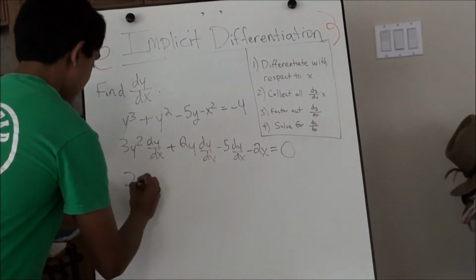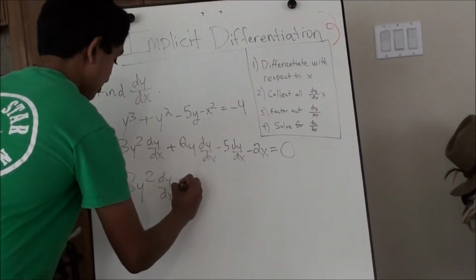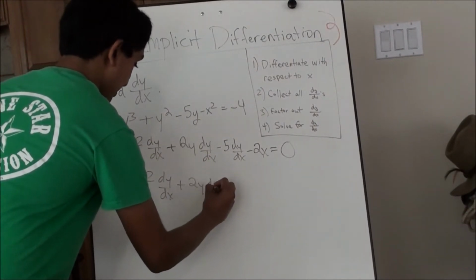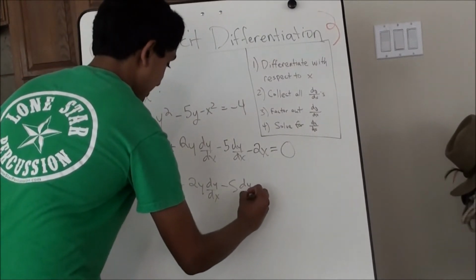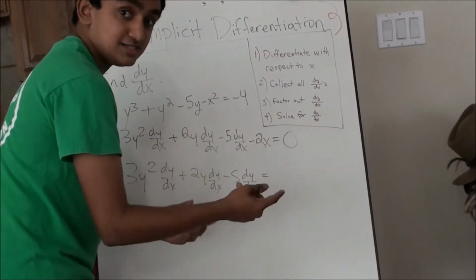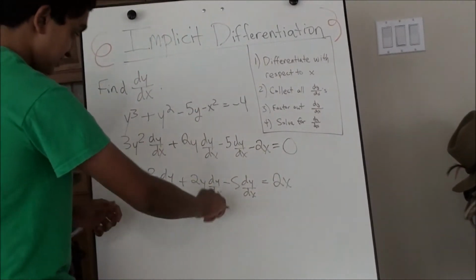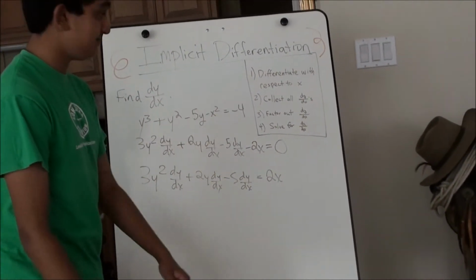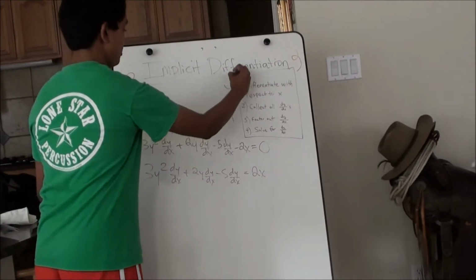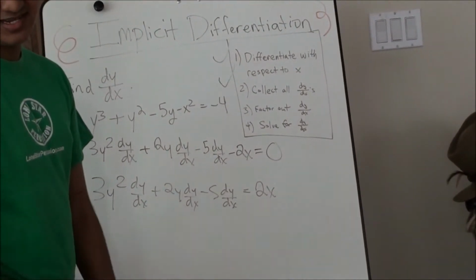So we're going to rewrite this equation. 3y squared dy/dx plus 2y dy/dx minus 5 dy/dx equals positive 2x after adding it to the other side. Now we have dy/dx, dy/dx, dy/dx, which is collecting all the dy/dx's. Step 2, complete.